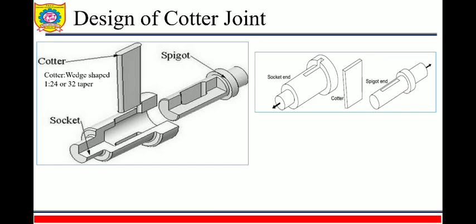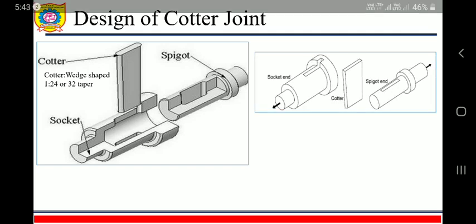But when the joint between cotter, socket and spigot is very tight, if it is a press fit, not a loose fit, then it will undergo shear stress. This is very important. If in the problem they say it is loosely fitted, then we must calculate bending stress, and if it is tightly fitted, then we must calculate shear stress there.